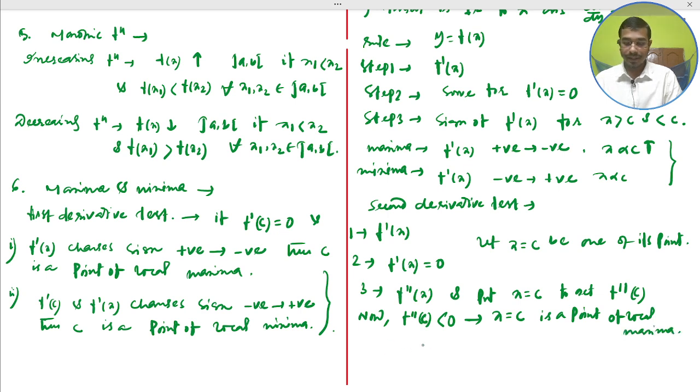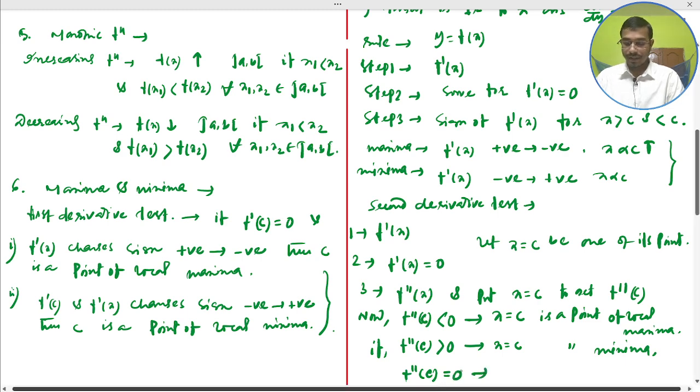Next, the f double dash x at the point x equal to c. If f double dash c is greater than 0, then x equal to c is a point of local minima, and if f double dash c is equal to 0, then use the first derivative test.